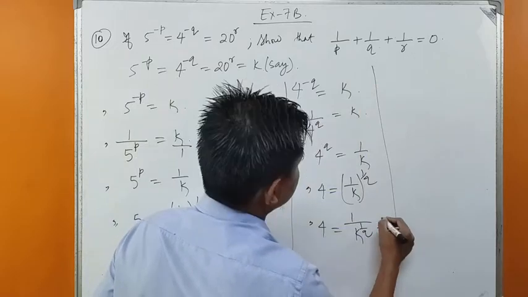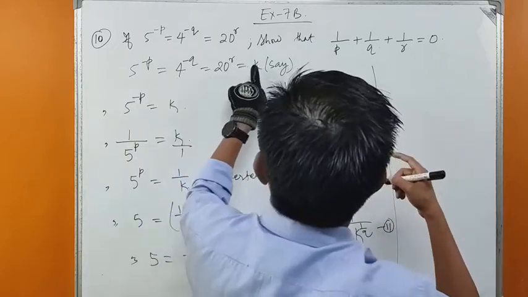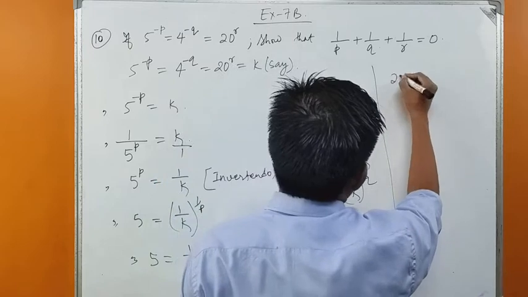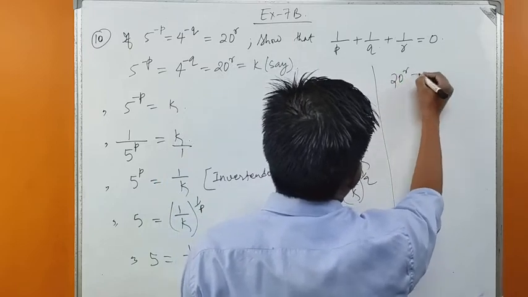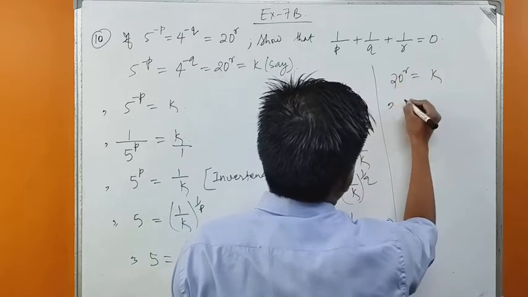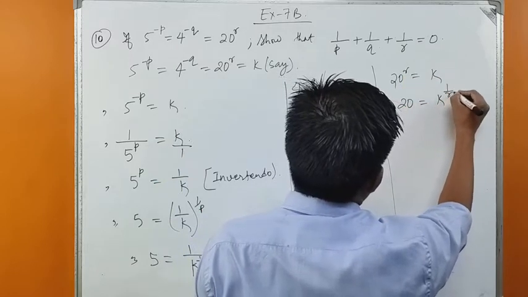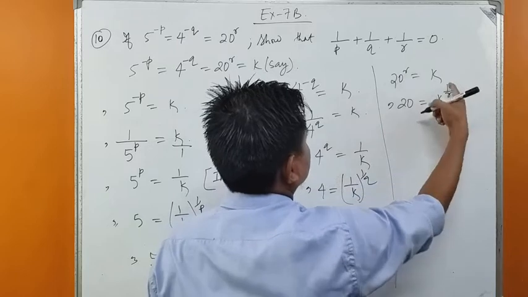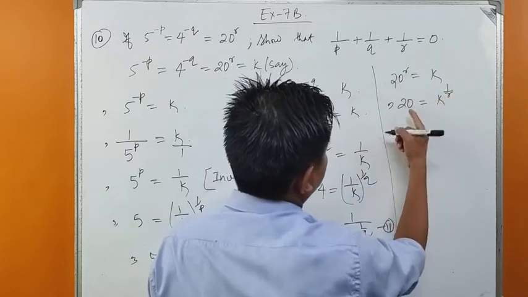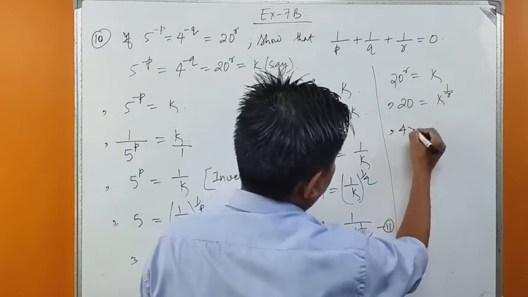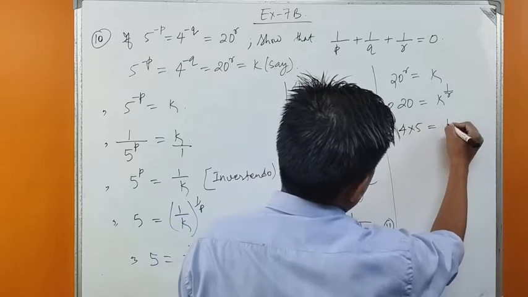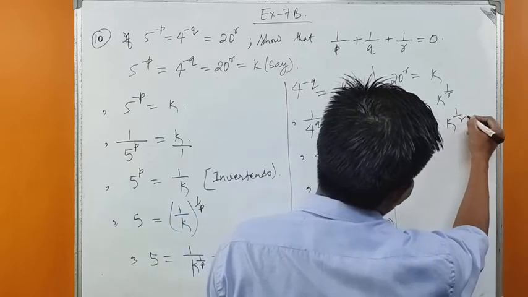Okay, now we have 20 to the power r equals k, which means 20 equals k to the power 1 by r. This power r goes to the right hand side, becomes 1 upon r. Or 20 you can write as 4 into 5, 4 fives are 20, equals k to the power 1 by r.